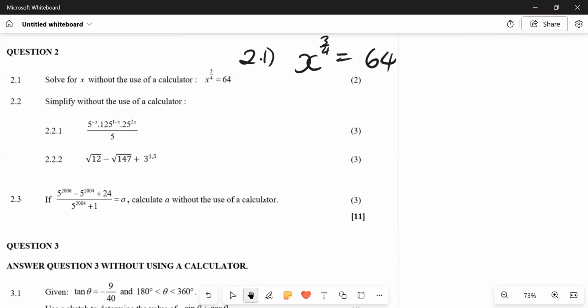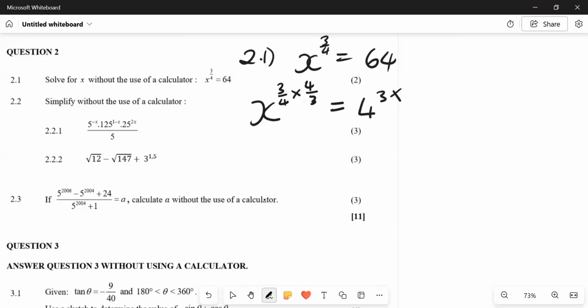You always look for the inverse of this exponent. So you have your x to the power of 3 over 4, multiply both sides by the inverse, which is 4 over 3, equals, change 64 into 4 to the power of 3, and then times the inverse, which is 4 over 3.